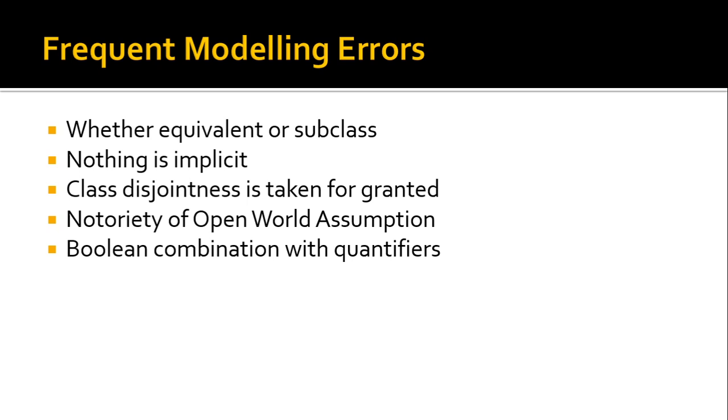Whenever we use Boolean combinations along with quantifiers, we know that there are different kinds of quantifiers, for example all values from, some values from, or has value, right? Now you want to combine them with Boolean operators, right?